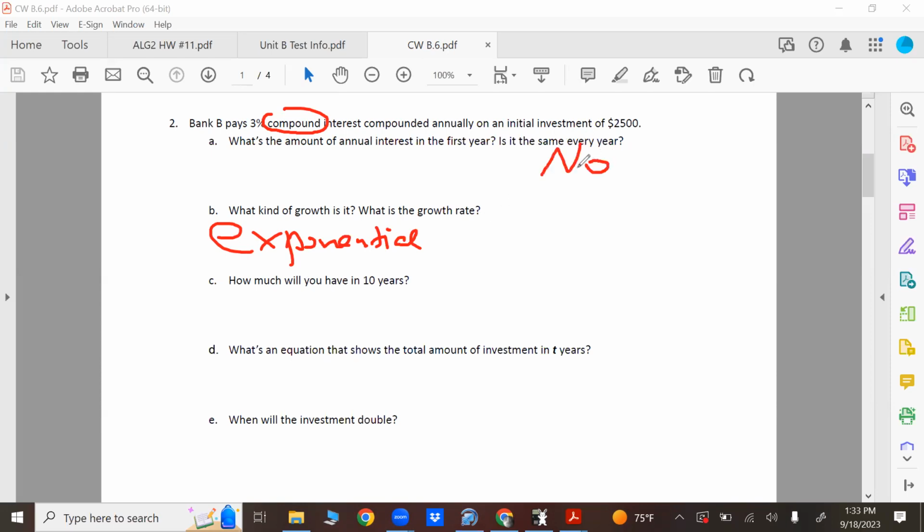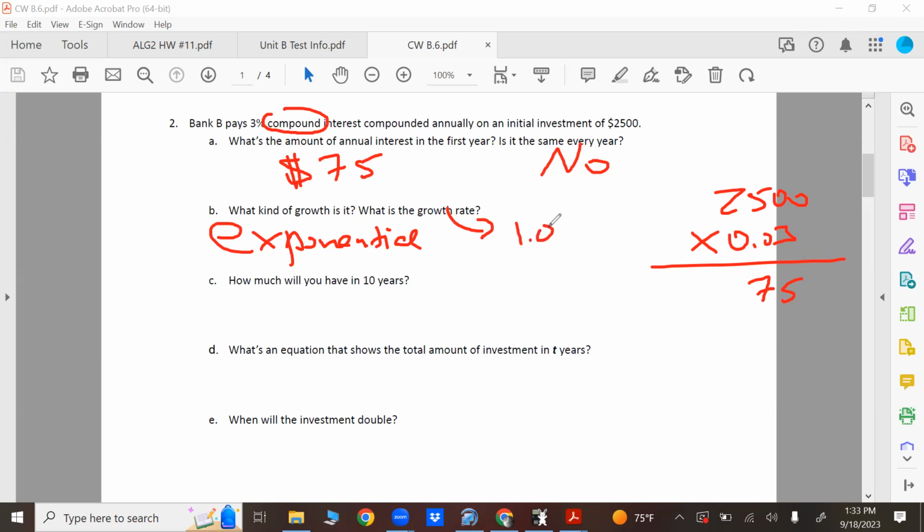No. So in the first year, you still do 2,500 times 0.03, right? So still $75 in the first year. Now the growth rate is 1.03.